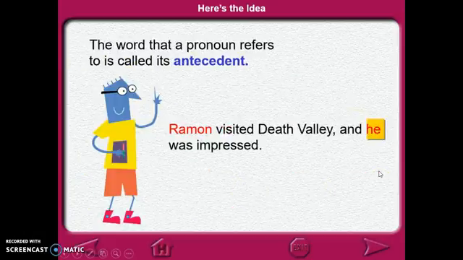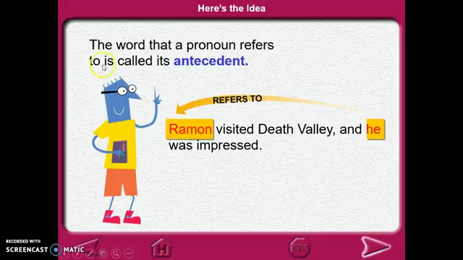Okay, the word that a pronoun refers to is called its antecedent. So if we look at this sentence here, Ramon visited Death Valley and he was impressed. The pronoun is he, and he refers back to Ramon. So instead of saying Ramon visited Death Valley and Ramon was impressed, we take out Ramon and replace it with he, but we know that he actually is Ramon.